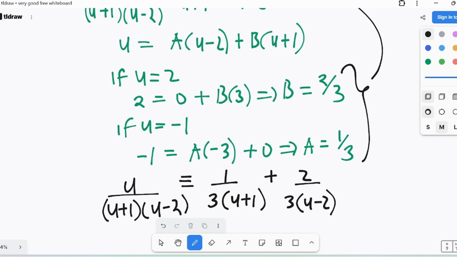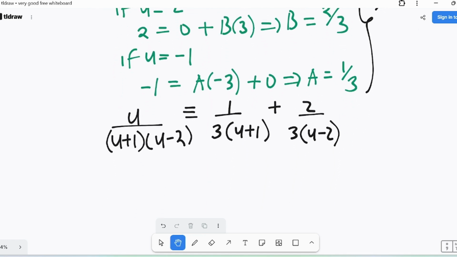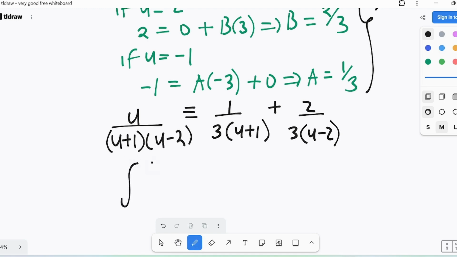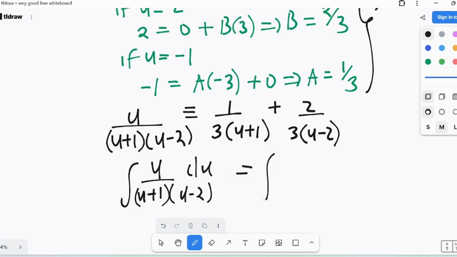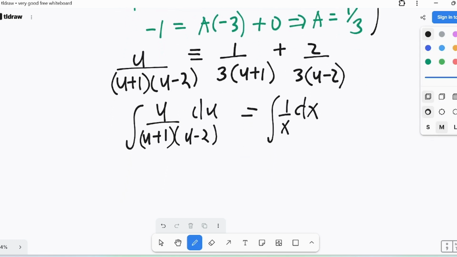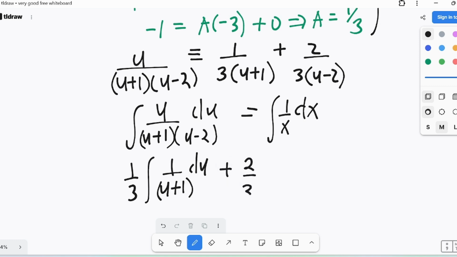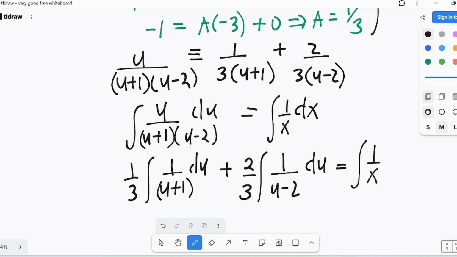The next thing is to integrate it. So from where we said we have the integral of u out of u plus 1 into u minus 2 du equal to the integral of 1 out of x dx, we substitute back and we shall have a third integral of 1 out of u plus 1 du, plus 2 out of 3 integral of 1 out of u minus 2 du equal to the integral of 1 out of x dx.